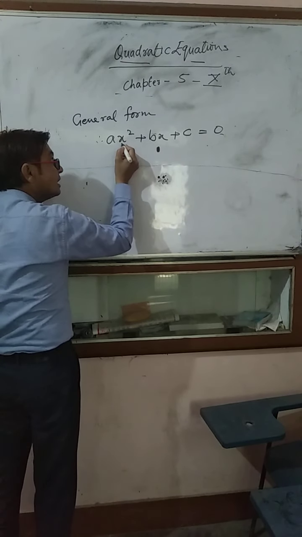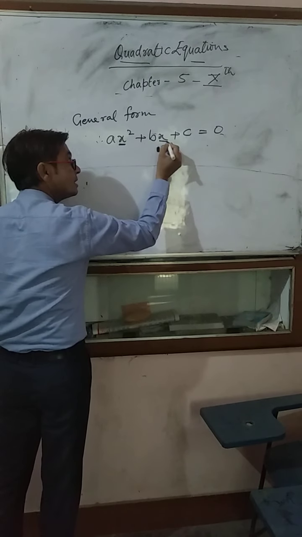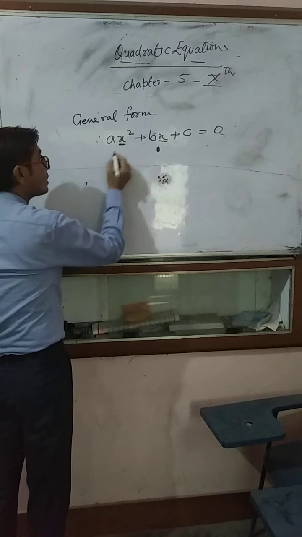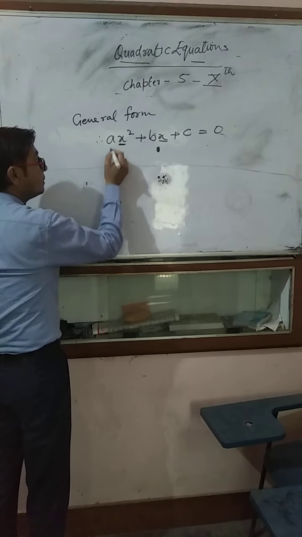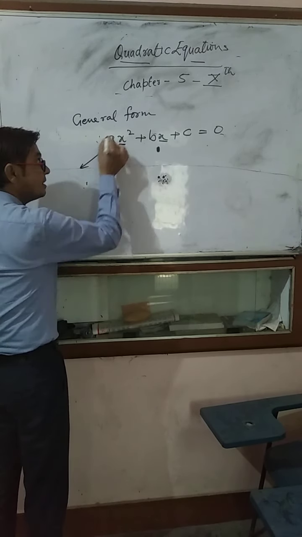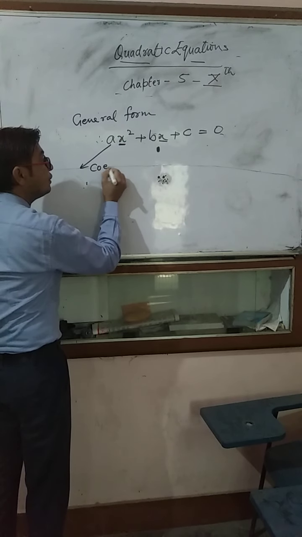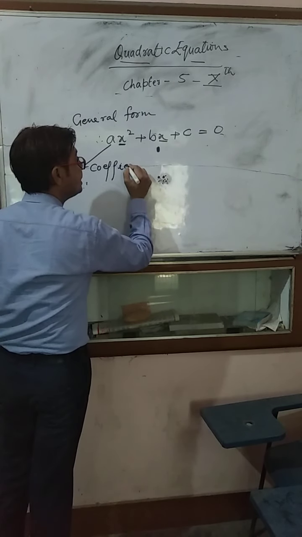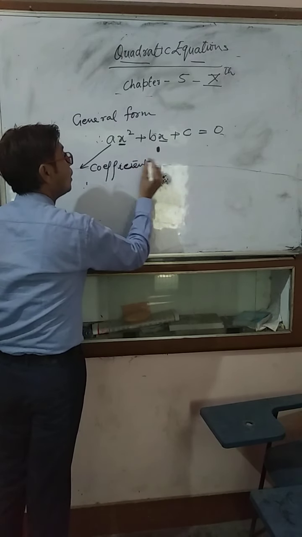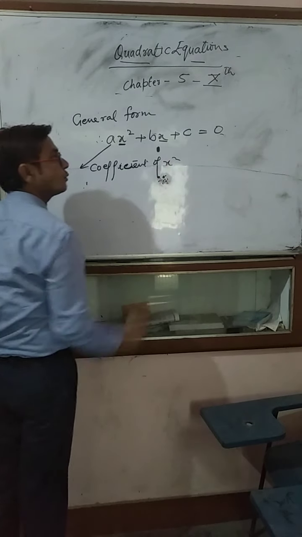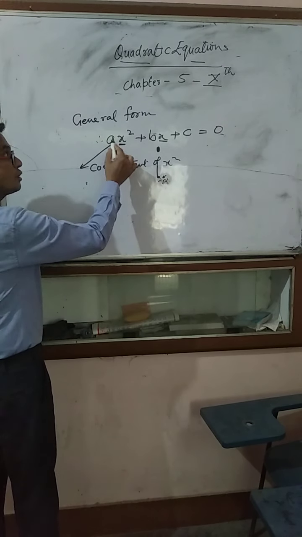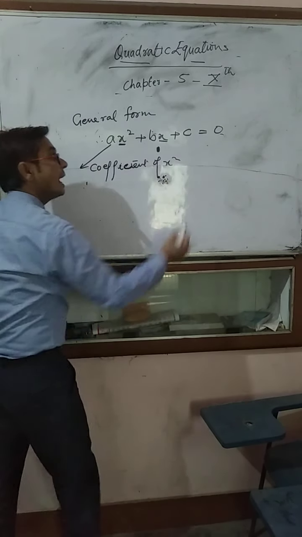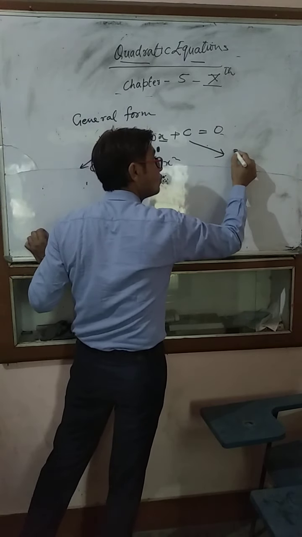Now see, this is x square, this is x, and this is the constant. This a is known as the coefficient of x square. Coefficient of x square is a, coefficient of x is b, and this c is the constant.